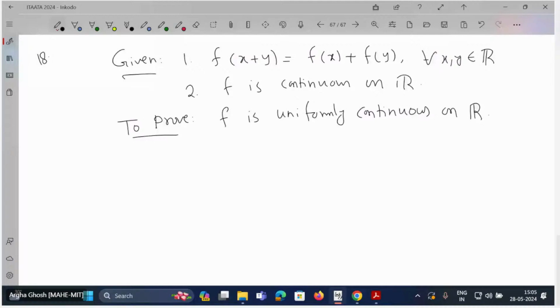As he said, yesterday we proved that if we have an additive function continuous on R, then f(x) is f(1) into x. What is that question number?